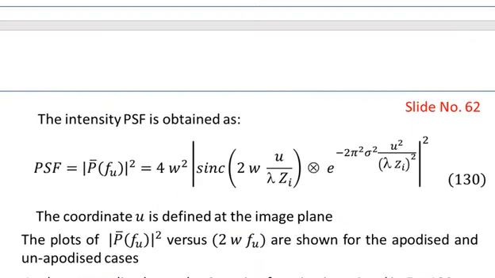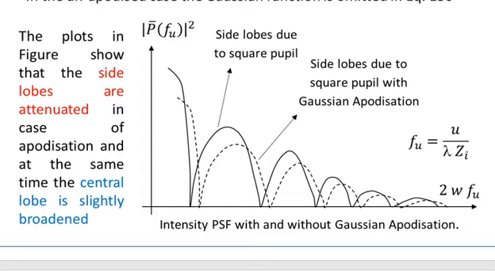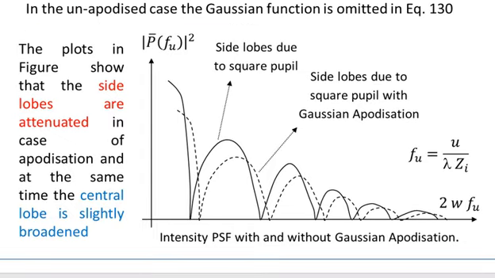That is, we have removed the Gaussian function from equation number 130, and we have just plotted the rest of the quantity, so we get a solid line plot. And the dotted plot is the one due to Gaussian apodization.